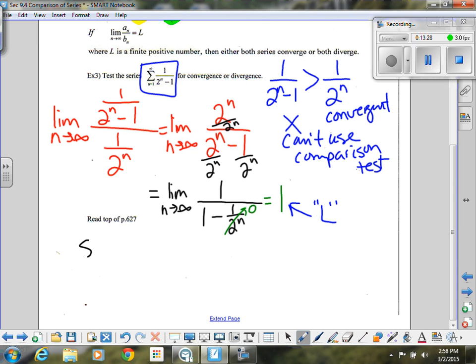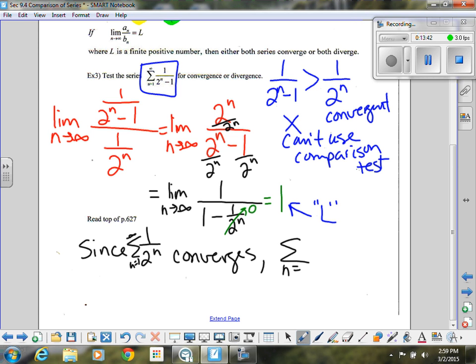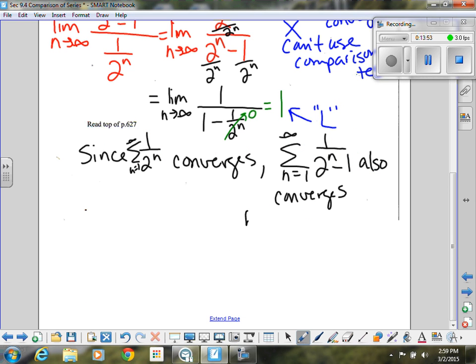So since the series 1 over 2 to the n converges, I better put my summation, then we know that the series 1 over 2 to the n minus 1 also converges. And we know that by the limit comparison test.